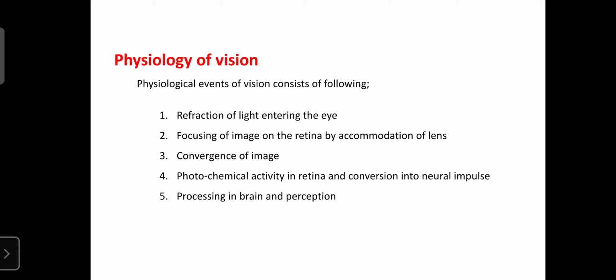The second one is focusing of the image on the retina by accommodation of the lens. Sometimes the images fall before the retina, and that creates a problem in vision. Or some images are formed after the retina, and then also there is a problem in vision.